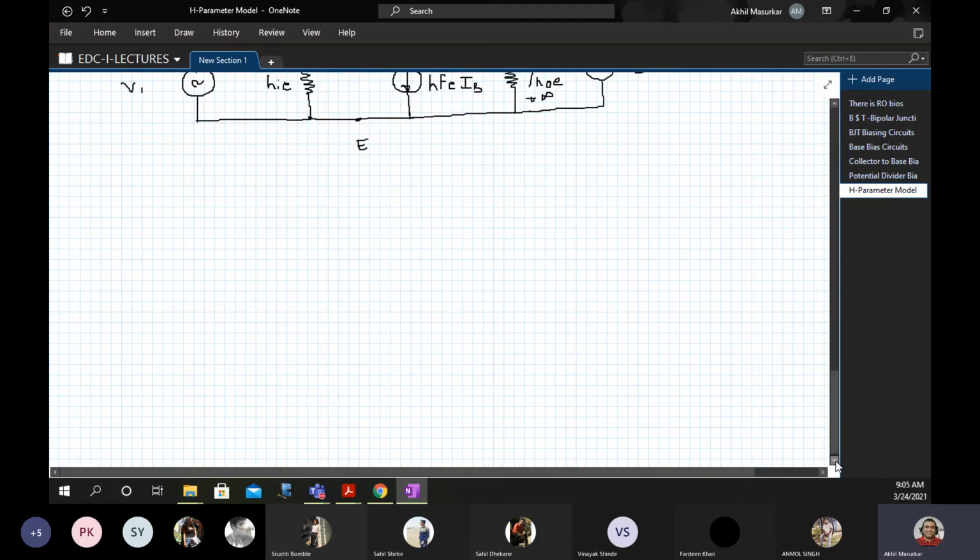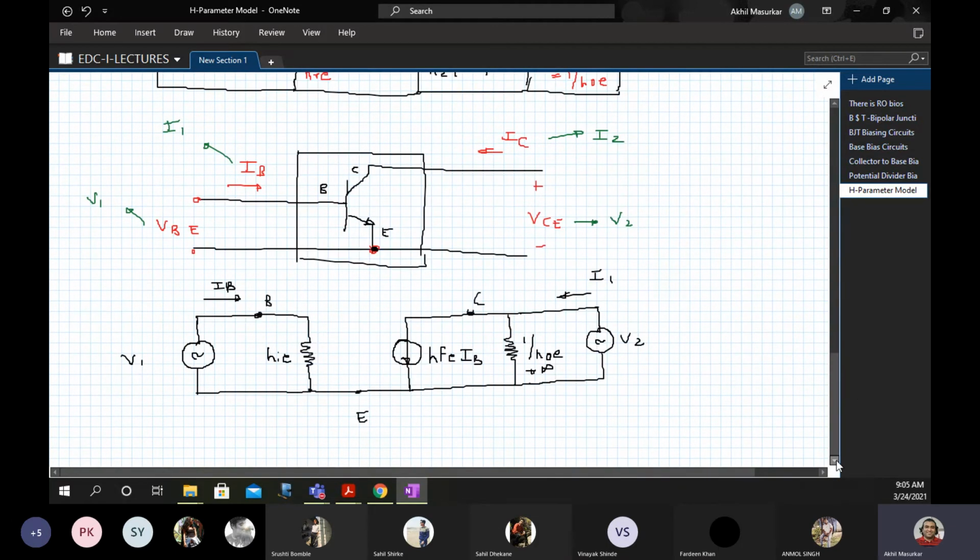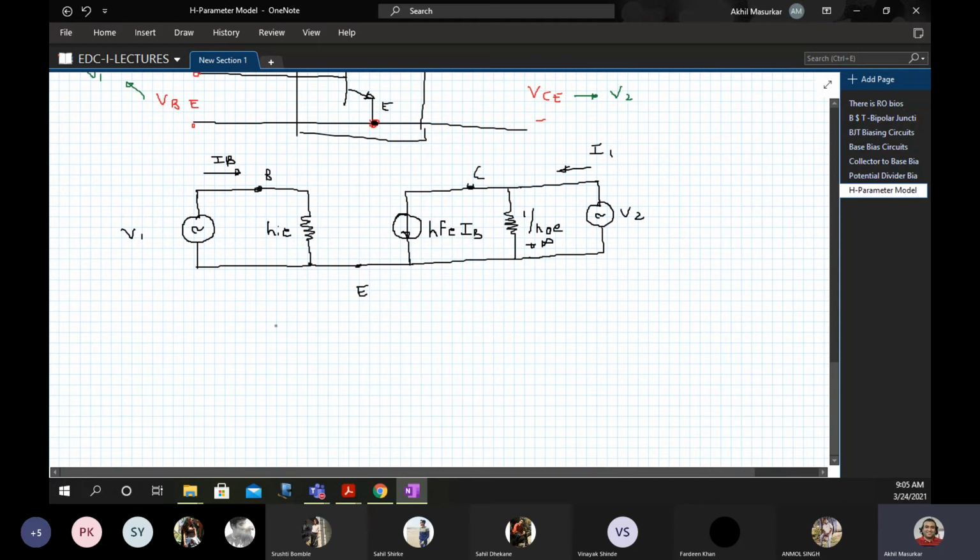So the AC model of the BJT becomes like this. This is HIE, HFE into IB. Where is IB? IB is flowing through this. So this is going to be the model of the BJT.